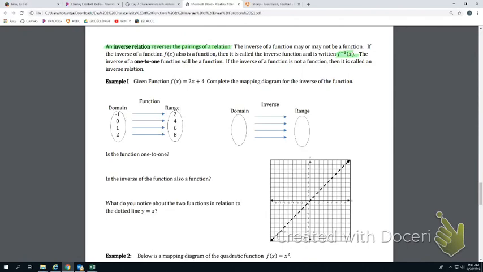So, the function we're dealing with is 2x plus 4. Complete the mapping diagram for the inverse of the function. If you have a table or a mapping diagram, you have what is representing the original. To do the inverse, it is not very difficult. What were your y's are now your x's. What were your x's are now your y's.